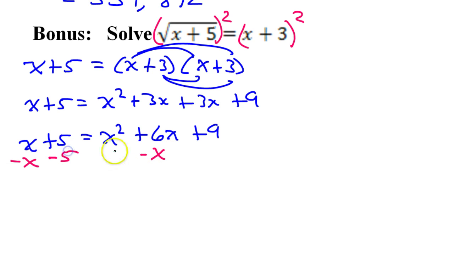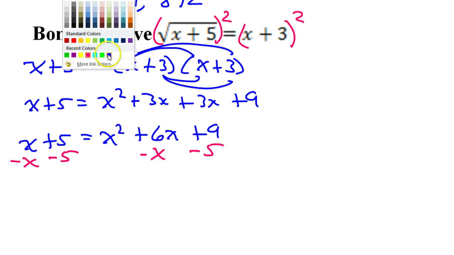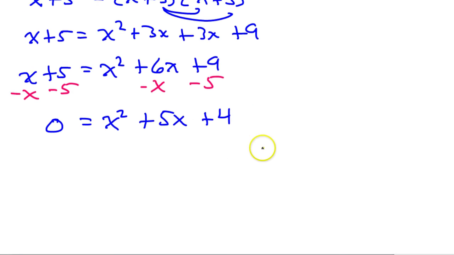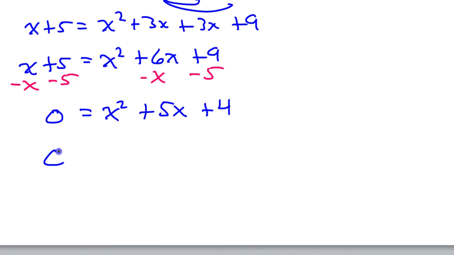So let's subtract x from both sides. And you know what, I'm just going to do this at the same time. Subtract 5 from both sides. So that is going to give me 0 equals x squared plus 5x plus 4. Okay, let's see if this is factorable. x squared is x times x.